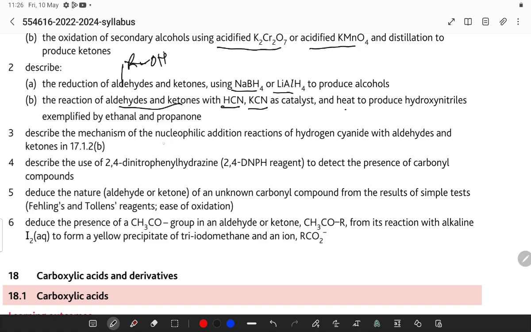Describe the mechanism of the nucleophilic addition reactions of hydrogen cyanide with aldehydes and ketones. Use of 2,4-dinitrophenylhydrazine. Next mechanism is nucleophilic addition.